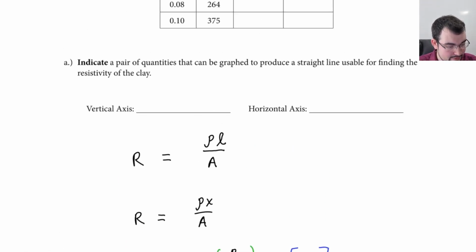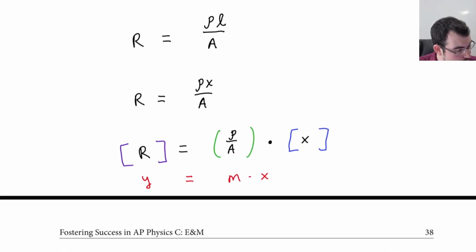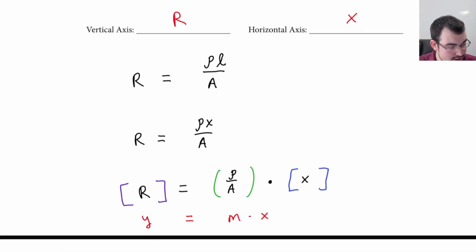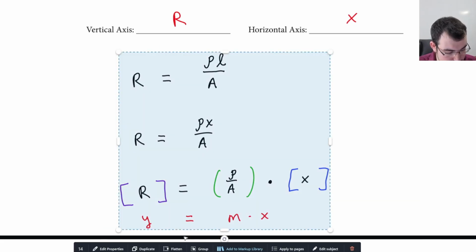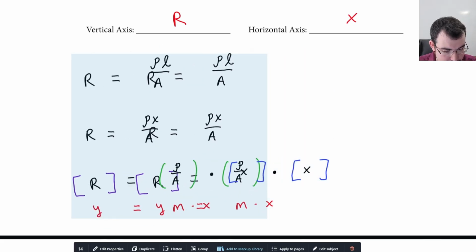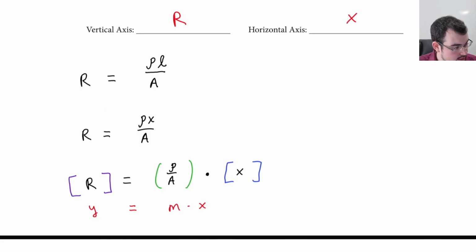So if we graph resistance versus x, we can come up with a slope or y-intercept relationship. 99% of the time, it's the slope you're interested in. So we'll shrink this so I have the space. Which means that our slope is the number in front of the independent variable, which is rho over A.